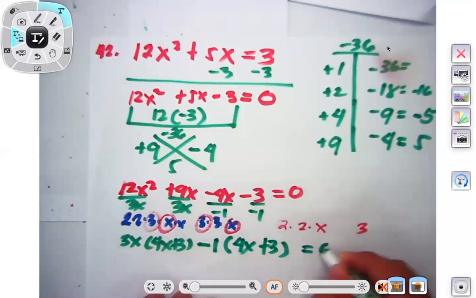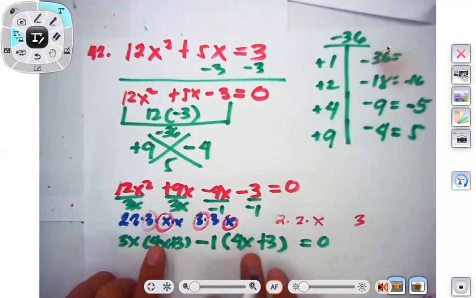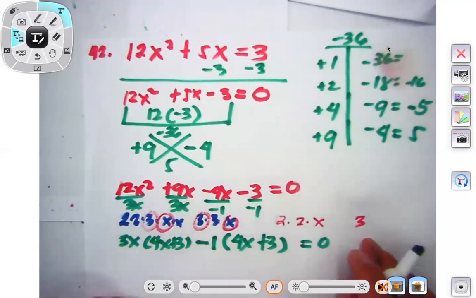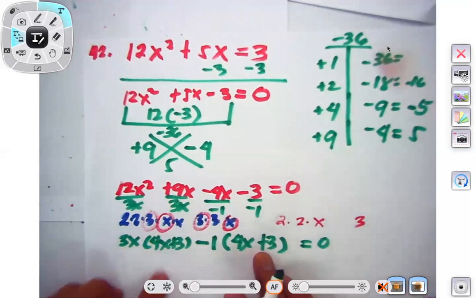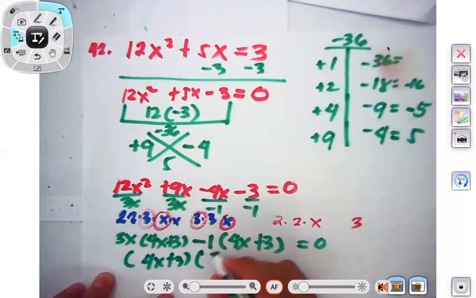Are they the same? Yes. Should be the same. Everything should be the same. Signs, variable, coefficients, especially your signs. It should be positive. I mean, 4x plus 3, 4x plus 3. Exactly the same. So what are your factors? It's going to be 4x plus 3 and 3x minus 1.